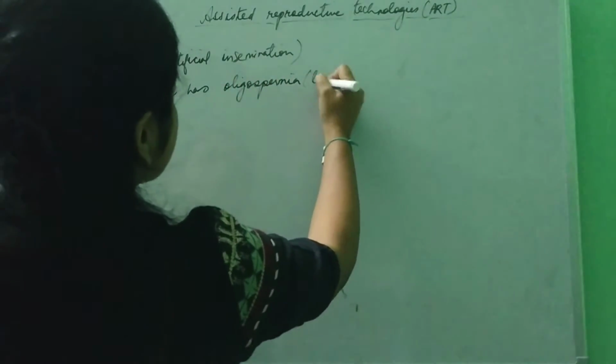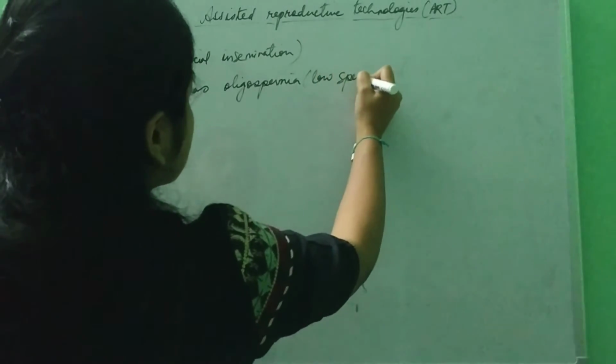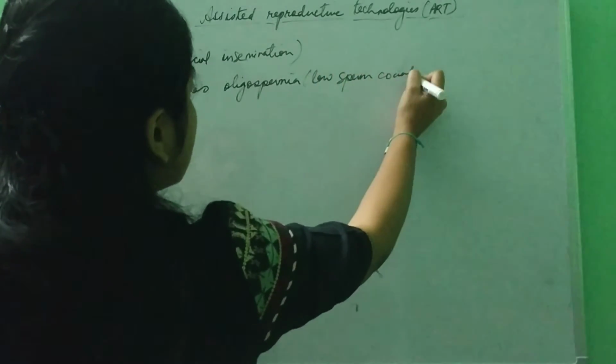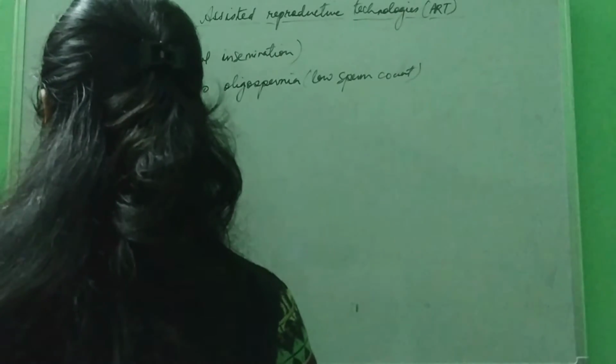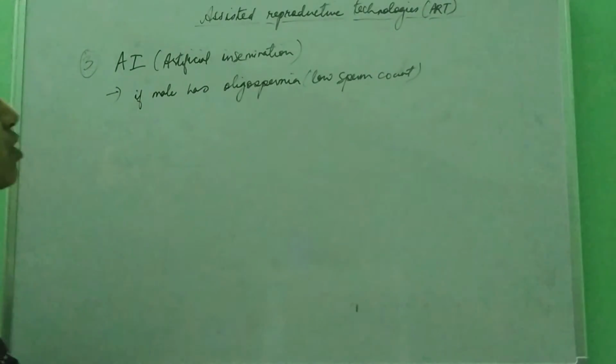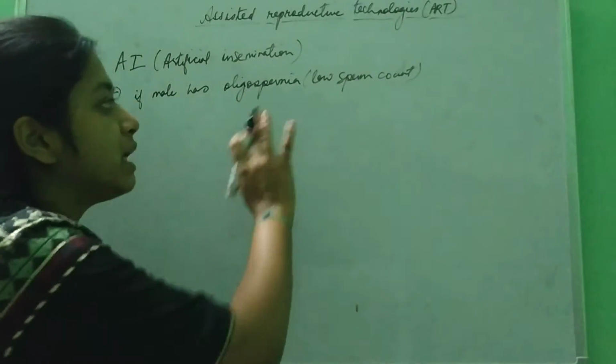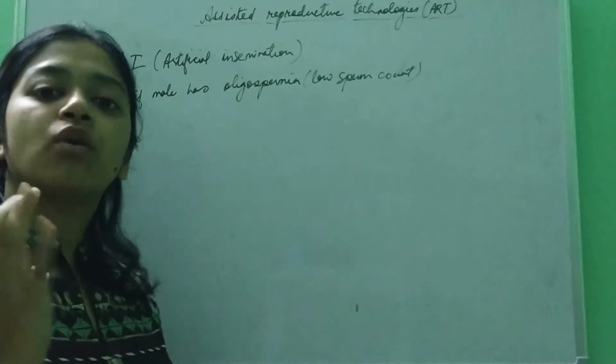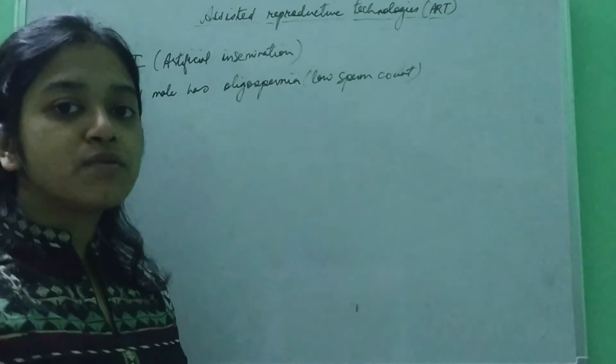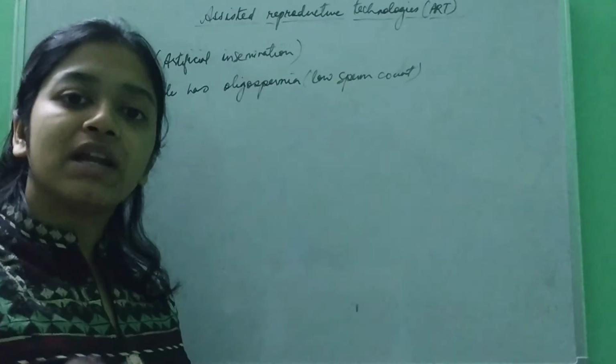Oligospermia is low sperm count. In case of low sperm count, one ejaculate will have very few sperms.